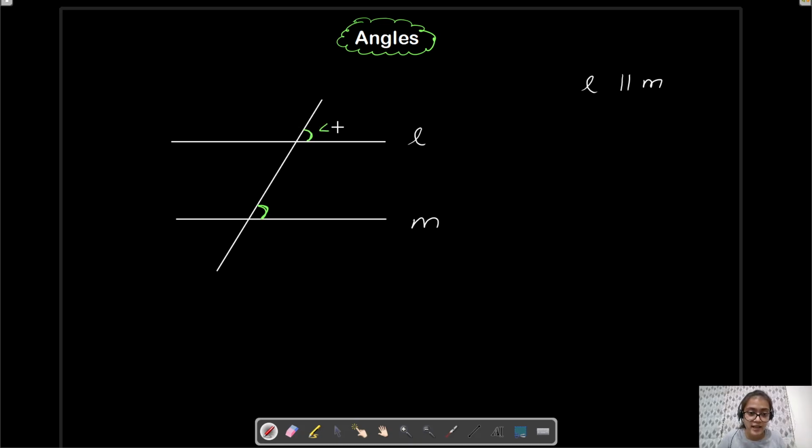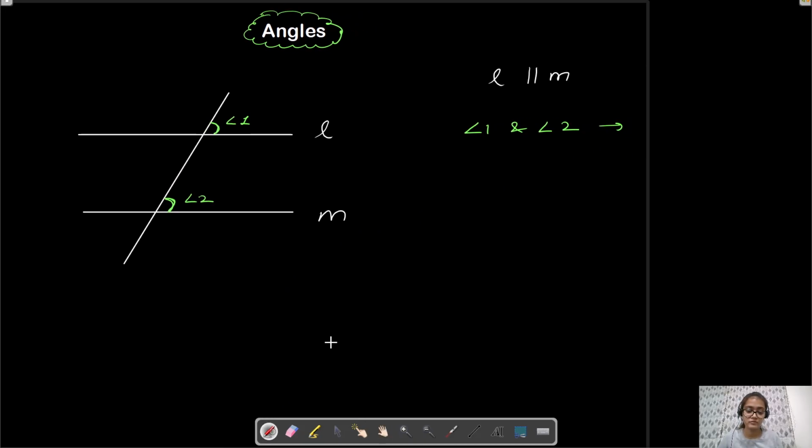Let's say this is angle 1 and this is angle 2. So these are called angle 1 and angle 2. They are called corresponding angles. And they are going to be congruent to each other. So I will draw the congruent symbol here.